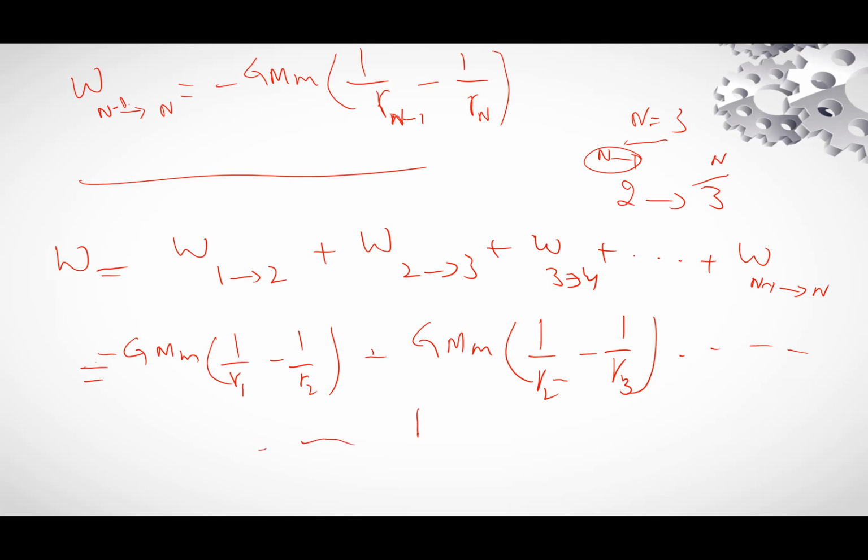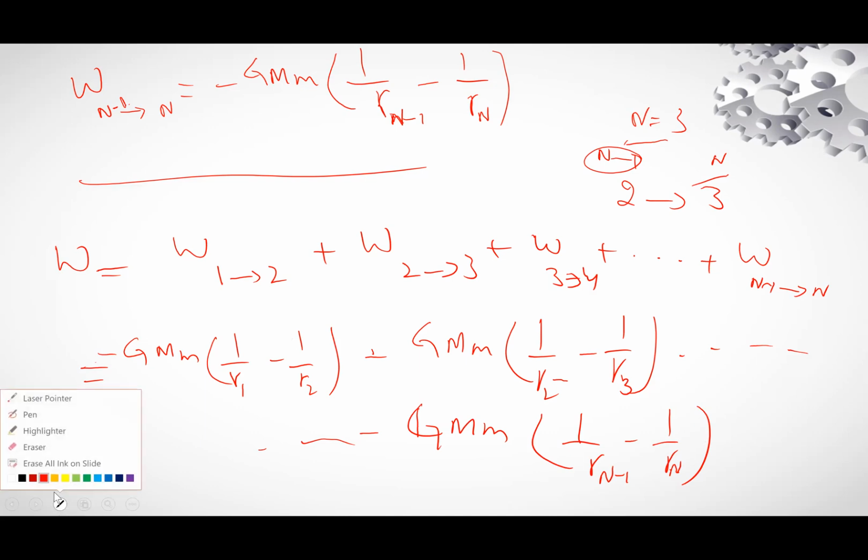The last term will be minus GM m (1/R(n minus 1) minus 1/Rn). Now GM m is common, so take it common.